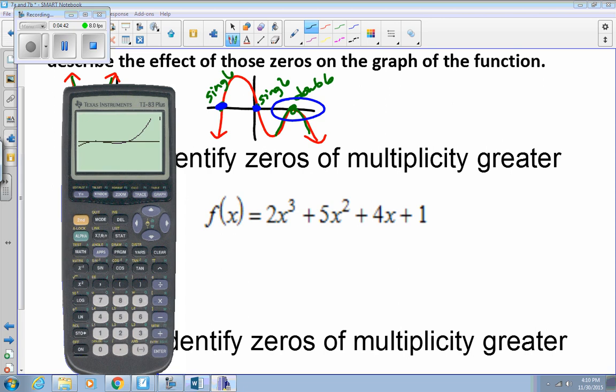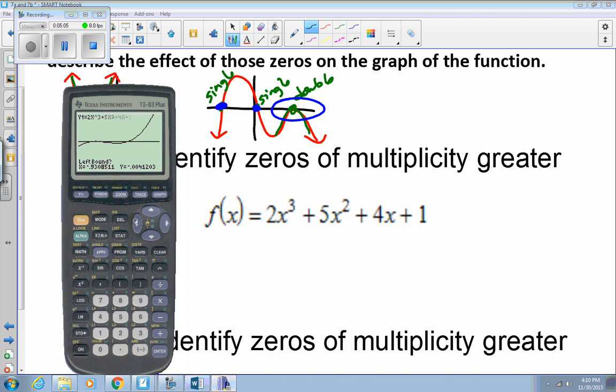And I can see it crosses the x-axis twice. And there looks to be only 1 double zero. It's the first one from left to right. So I'm going to go to second trace zero. I need to go left of the x-intercept I want to find, my double.